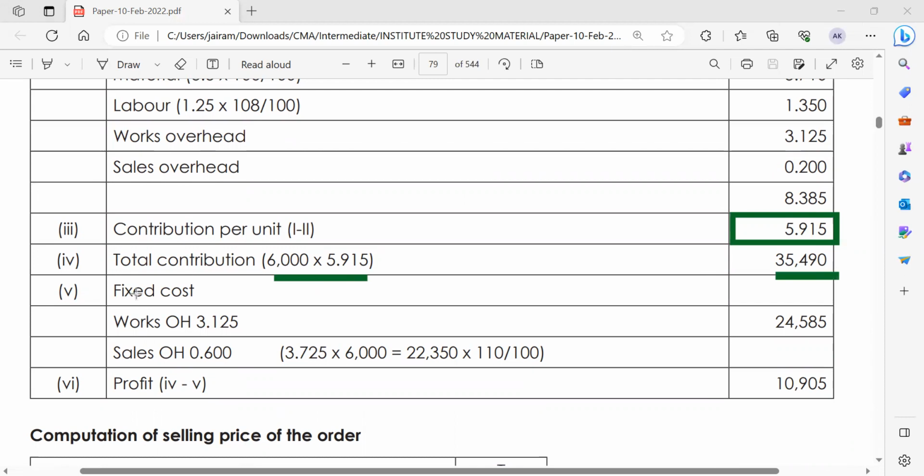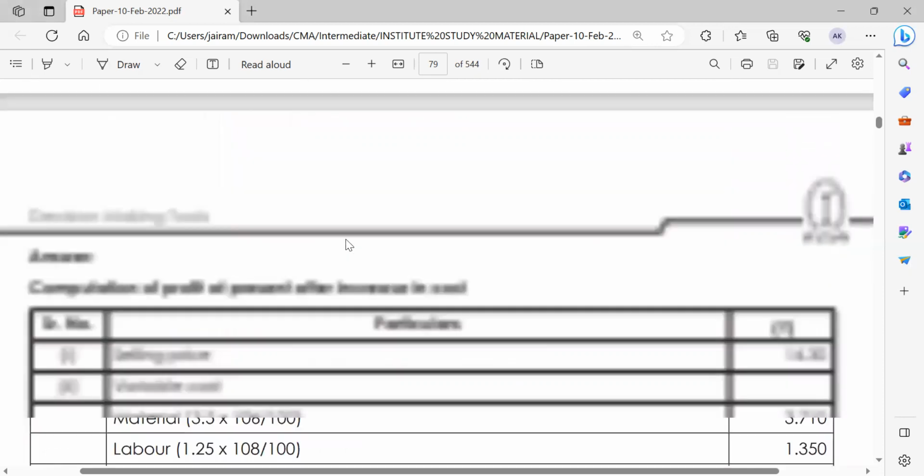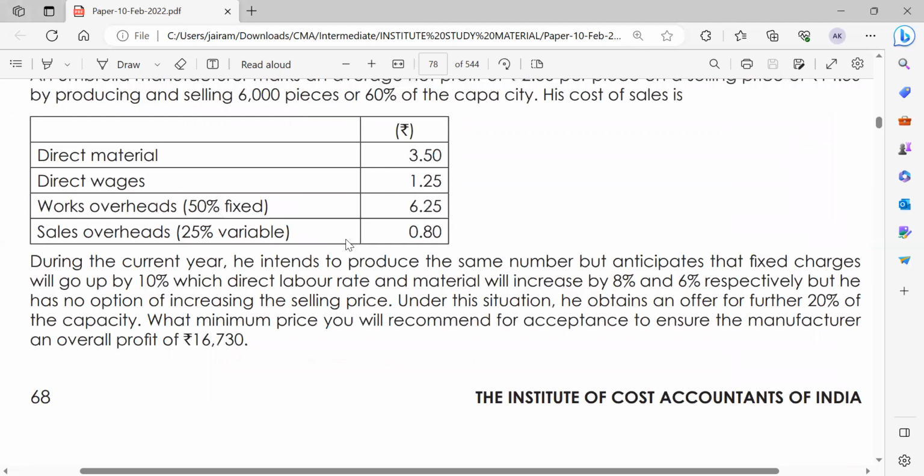Now fixed cost is to be computed. For works overhead, it was 50%. Just do 50% of 6.25. For the second one, we had directly seen that 75% was fixed, so 0.6 directly, correct?